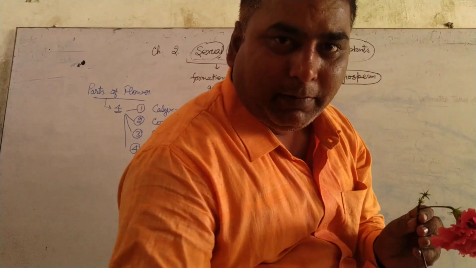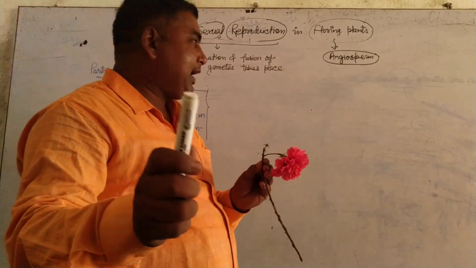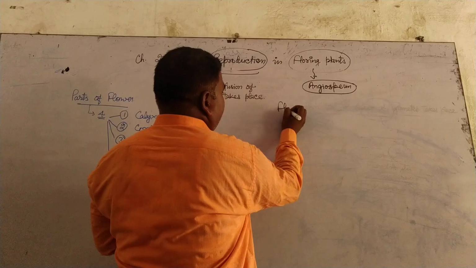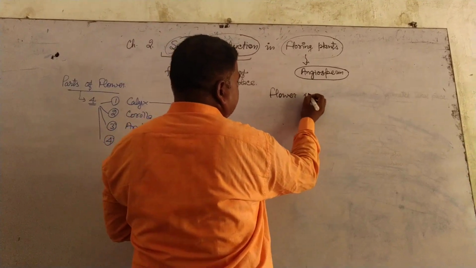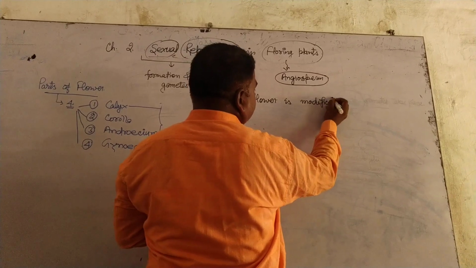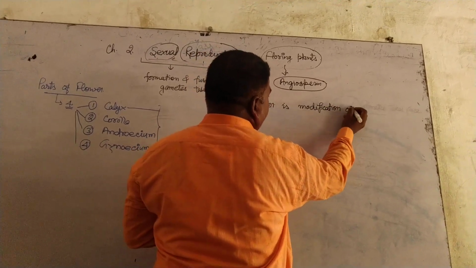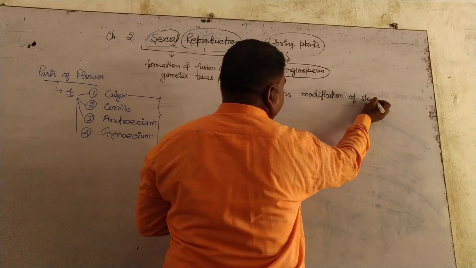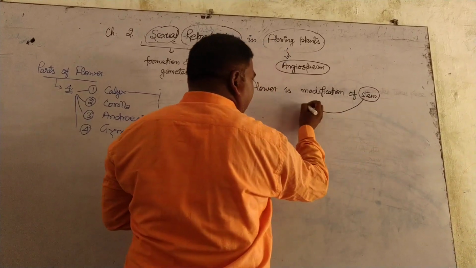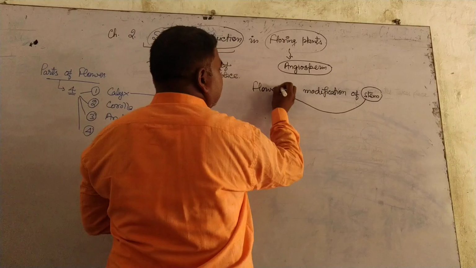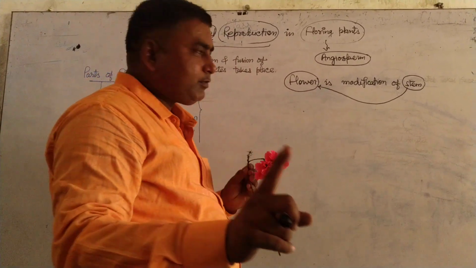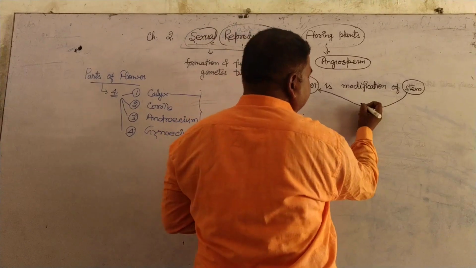I told you in my previous lecture that flower is a modification of stem, which means the stem is modified to form the flower. Okay?